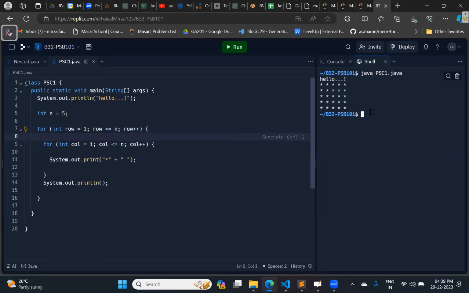Okay. Now I am going to modify this, or we can say that I'm going to add a few conditions. Or let me take the condition from your side only. Now my problem statement is I want to print row 1, column 1, last row, last column.